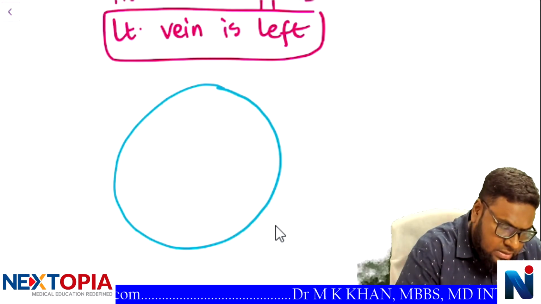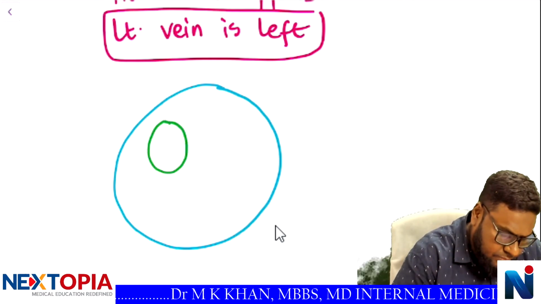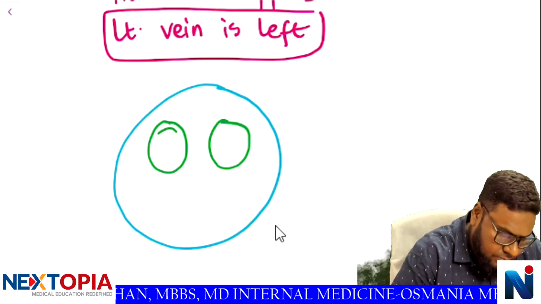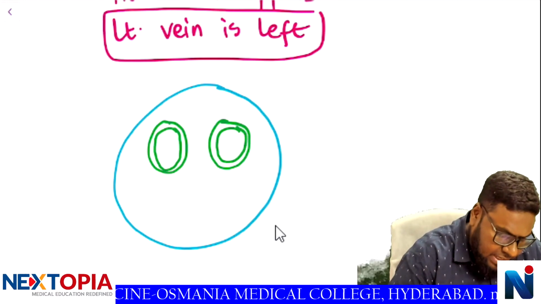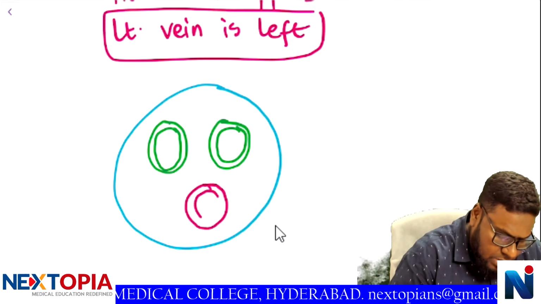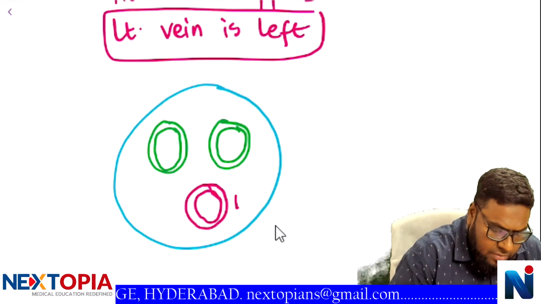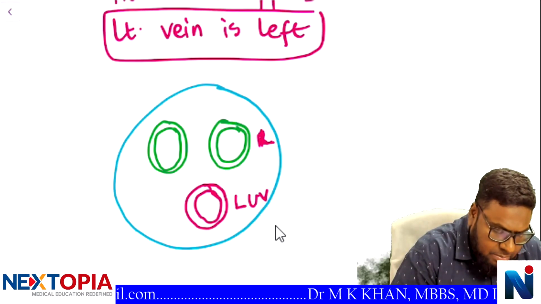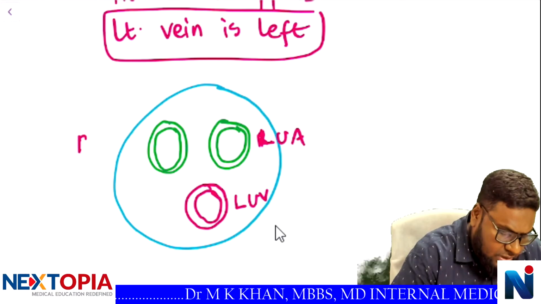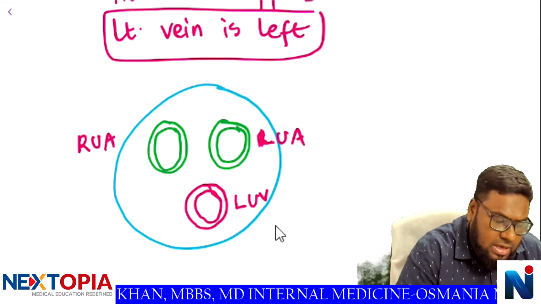We have two arteries and one vein, only the left vein. So we have the left umbilical vein, the left umbilical artery, and the right umbilical artery. These are the contents of the umbilical cord.